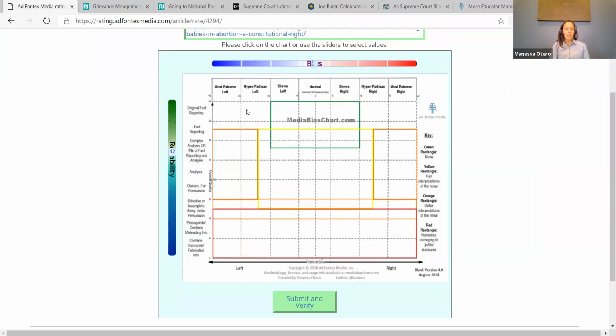Our choices again are original fact reporting and fact reporting up at the top, complex analysis or mix of fact reporting and analysis, opinion, fair persuasion, selective or incomplete story, unfair persuasion, propaganda, contains misleading information, contains inaccurate and fabricated. Opinion to selective, incomplete, okay.